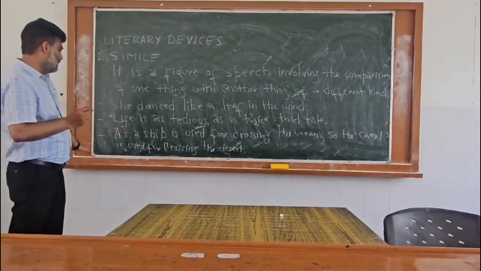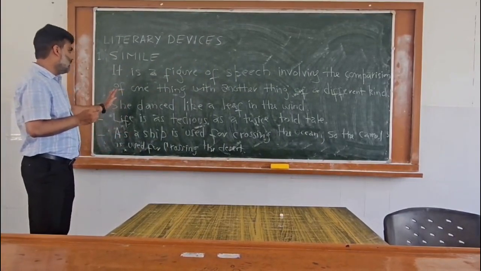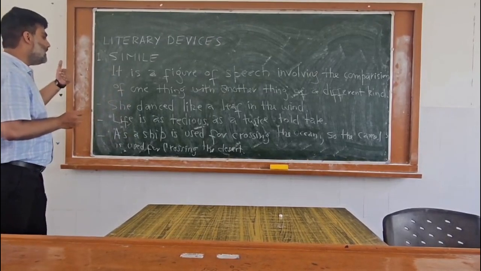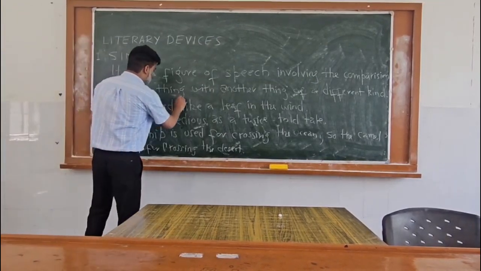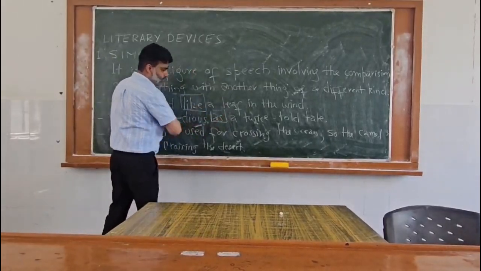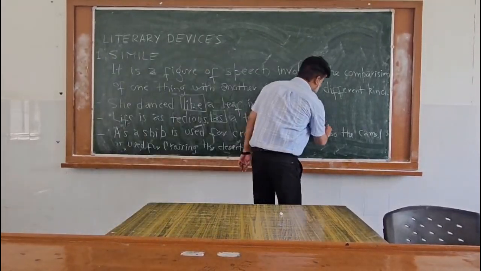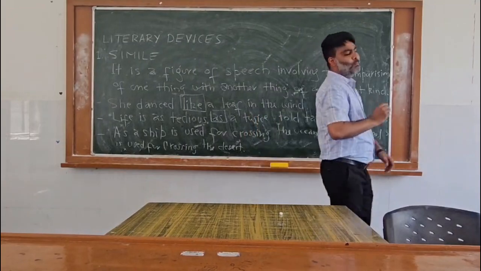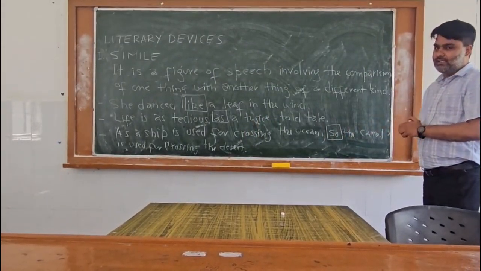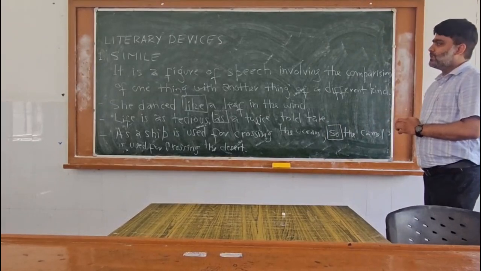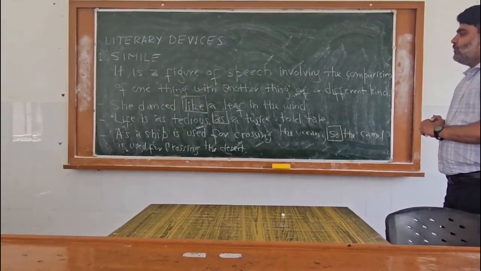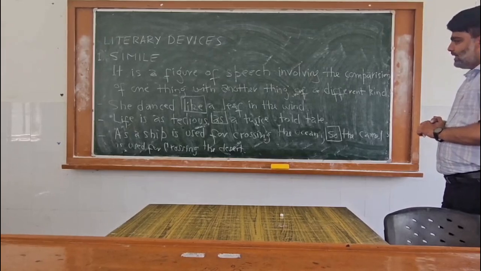Is it clear? So usually when we do comparisons, we make use of words like, as, or so. I hope this literary device, simile, is clear to you, that it is a figure of speech which involves the comparison of one thing with another thing of a different kind.